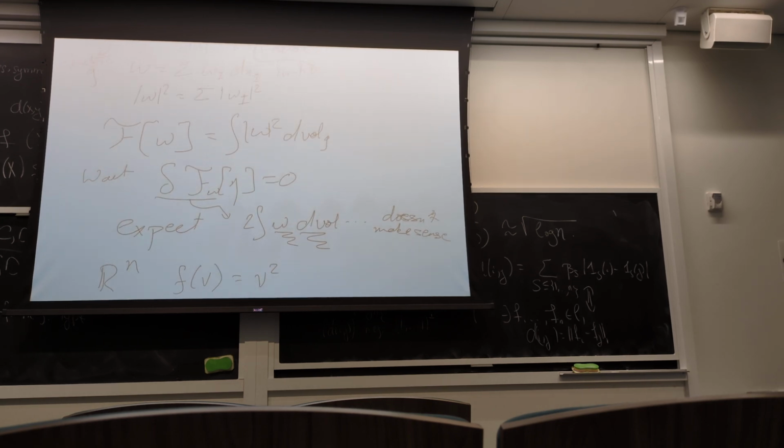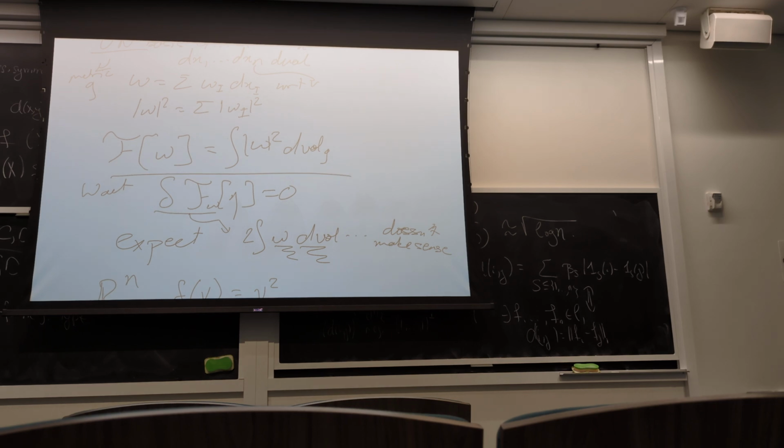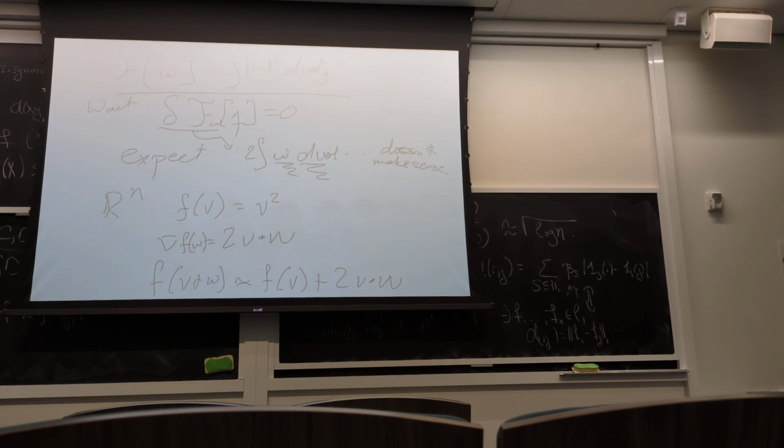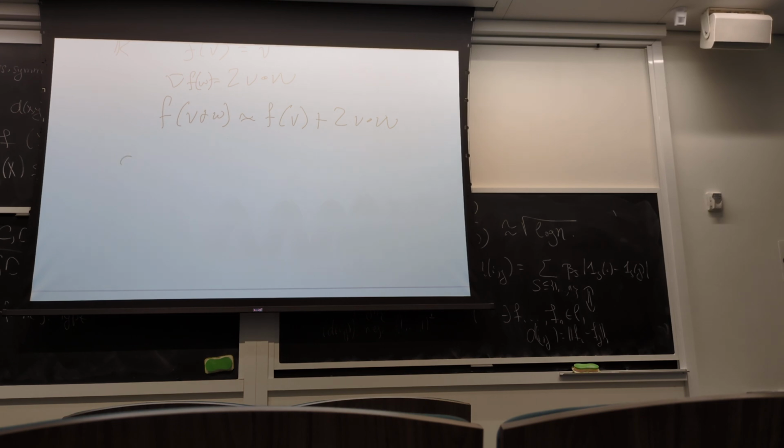So similarly, what we want to do is perturb this guy a little bit by some variation theta, and then see how much it changes. So what we have is f of omega plus theta is equal to the integral of the norm of omega plus theta squared.